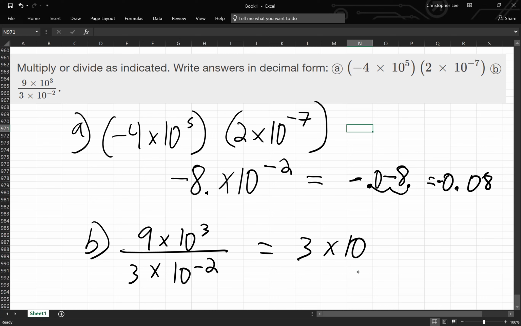So whenever I divide exponents, I subtract. So this becomes 3 minus -2, which is what? No, 10 to the 5th. Now we're talking. And that's it.